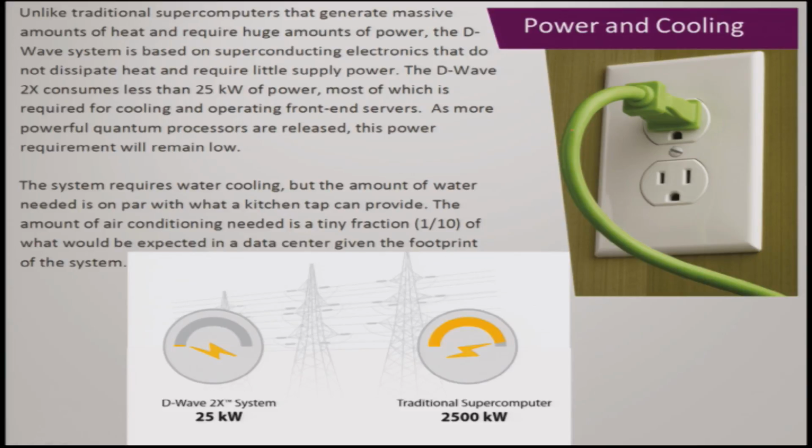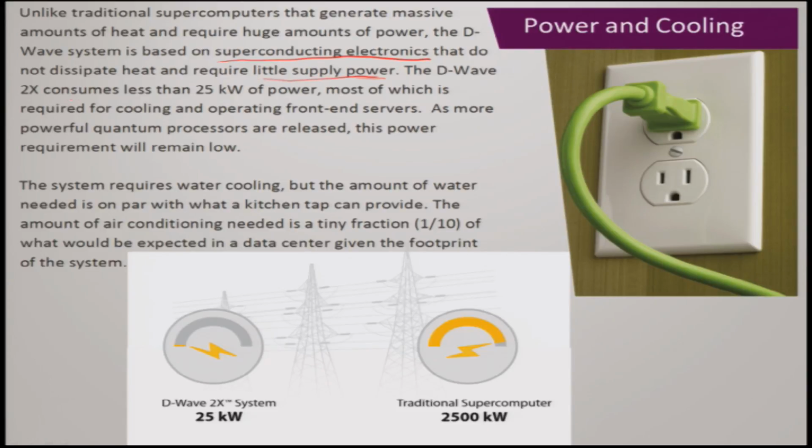So, in spite of all this, they have managed to do a few important aspects which are necessary, which is the power requirements have been kept to a normal level. Unlike the traditional supercomputers that generate massive amounts of heat and require huge amounts of power, the DWave system is based on superconductive electronics. So, the superconducting electronics is an important part of this process that do not require heat dissipation and require little power supply.